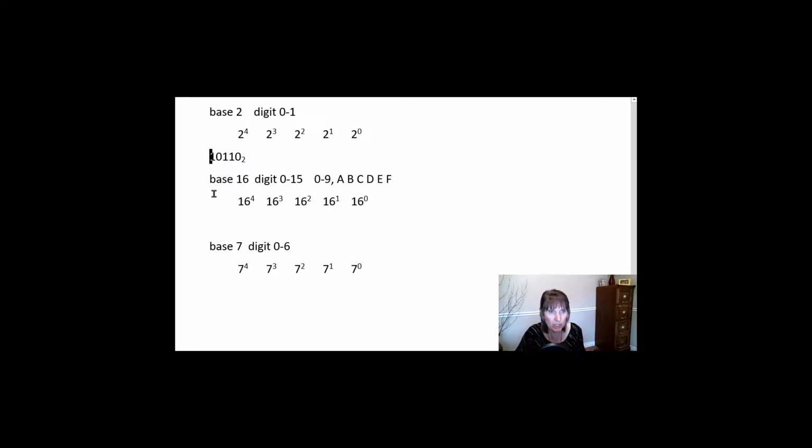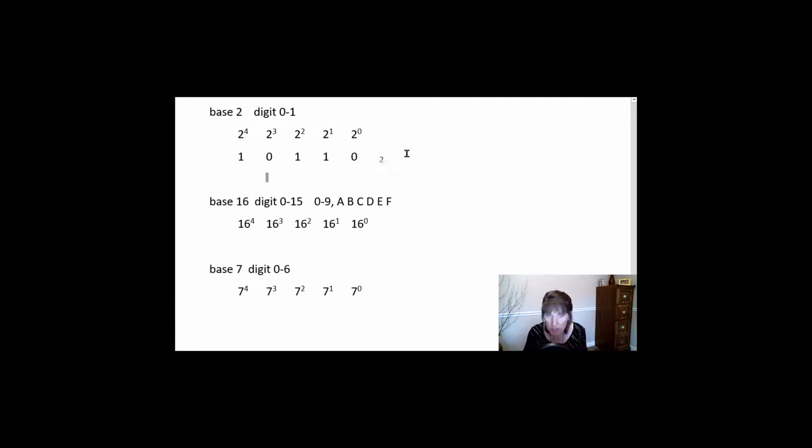I can go ahead and do the decimal expansion, so convert it to a decimal number. The way that I do that, again, is to work with these place values. This is going to be a base 2 number, and each digit is in its specific place. So let's write this up.